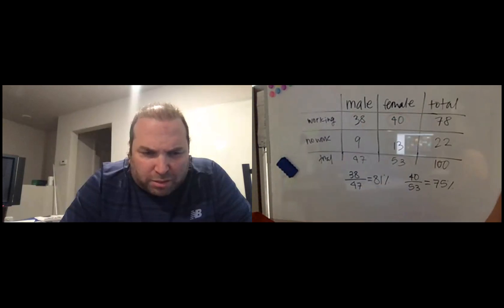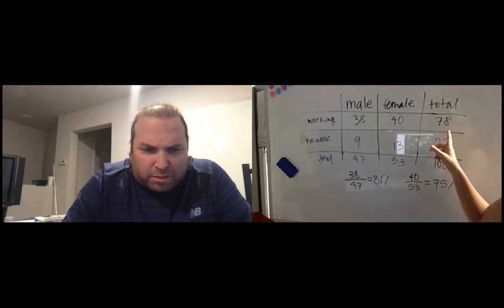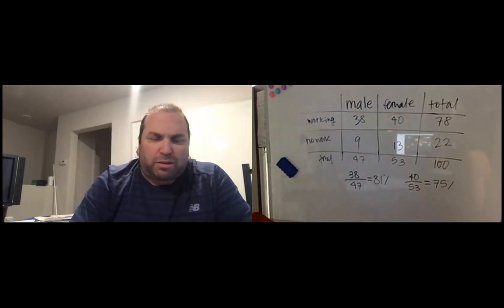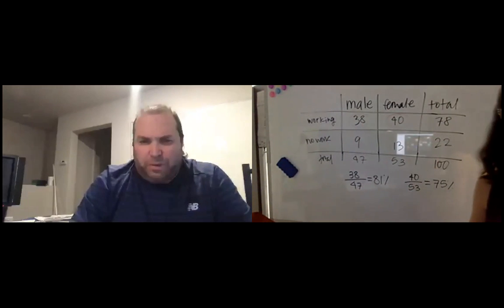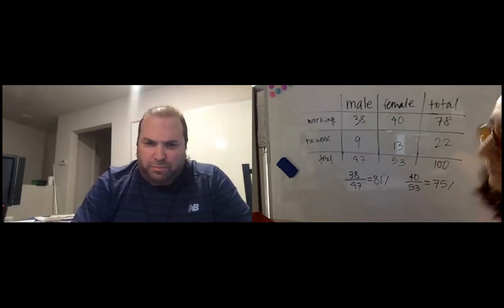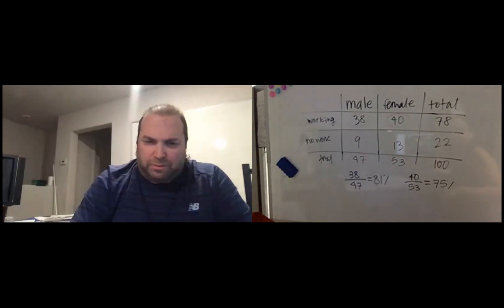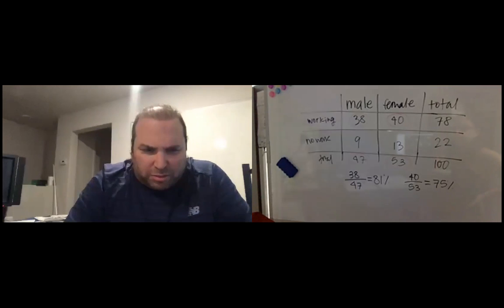Is that correct, if you do 38 over 78 and 9 over 22? You do 38 over 78, 9 over 22, or 38 over 47, 40 over 53, or 9 over 47, 13 over 53, right? Okay.